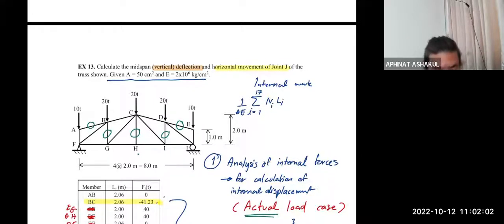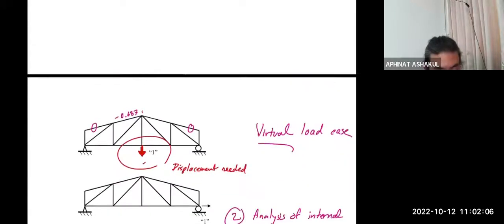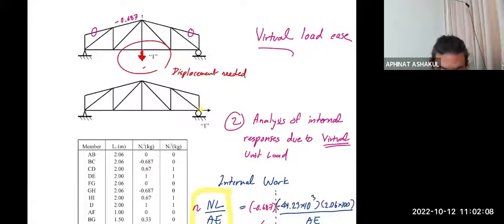So in order to get the horizontal movement of joint J, we need to apply the horizontal unit load at J. And it becomes very easy, because if you are pretty good at statics, this gives you the concentric force, right? So all the forces should be in the bottom chord only.